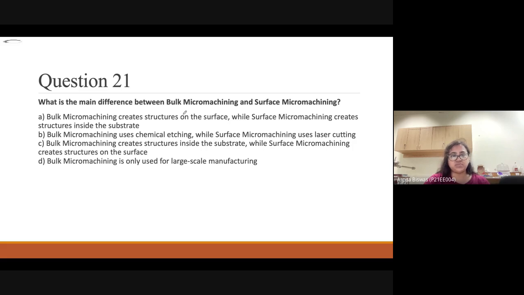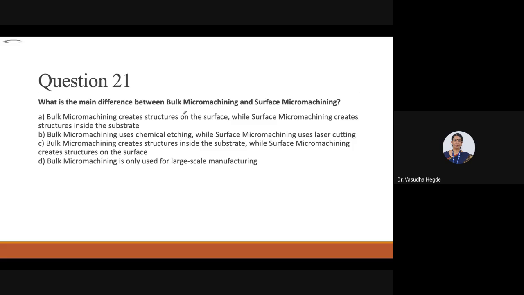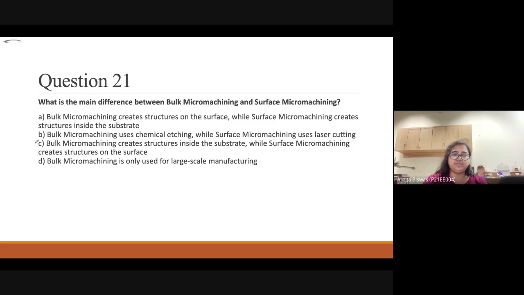The third option is bulk micromachining creates the structure inside the substrate, while surface micromachining creates the structure on the surface. The fourth option is bulk micromachining is only used for large scale manufacturing. So the right option is option C.